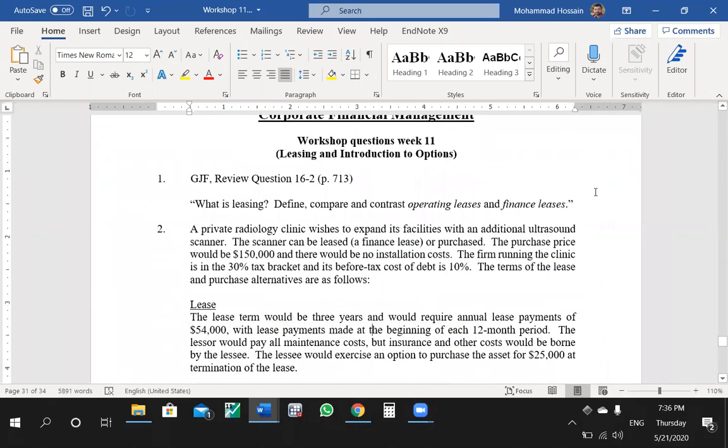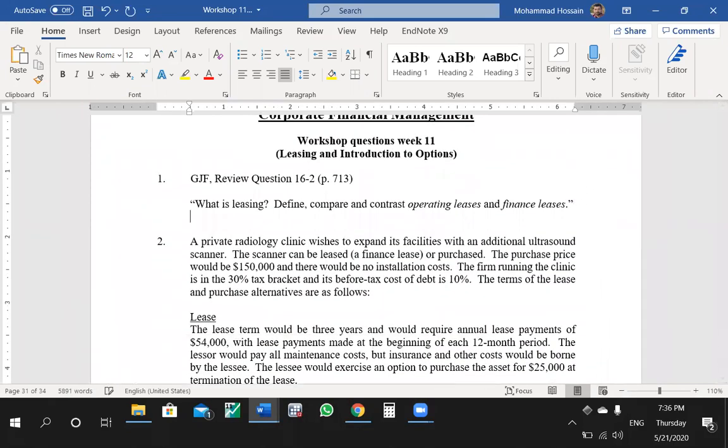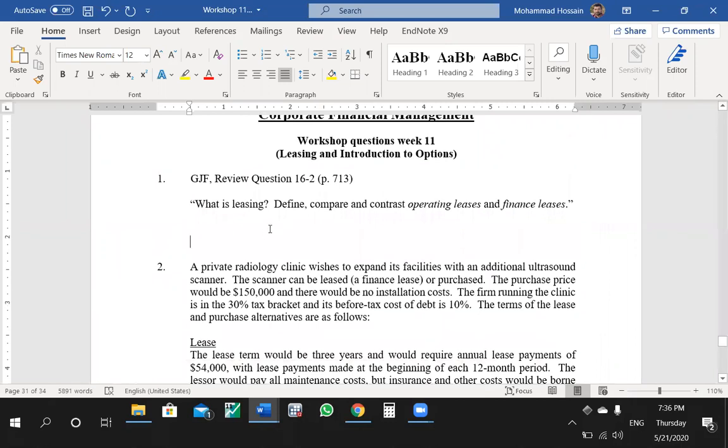What is leasing? Leasing is one of the financing techniques or strategies, in which the lessor receives some money as a rent and the lessee pays the money as a rent, for capital budgeting, to finance an asset. There are two different types of lease, operating lease and finance lease.